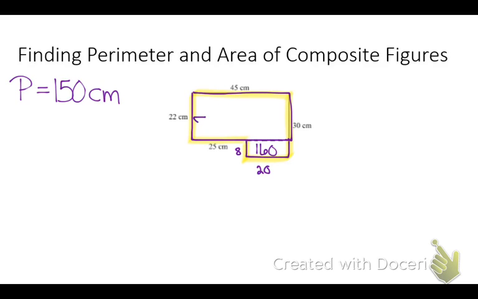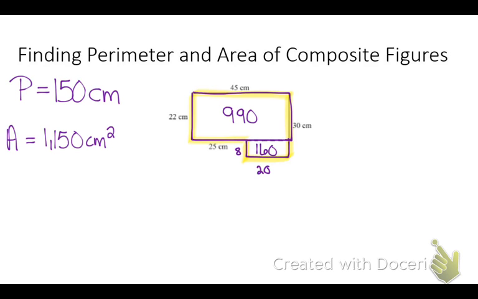What is the full width? 22. It can't be 30 because 30 included that bottom piece. So 45 times 22 is 990. I take those two numbers. Area is 990 plus 160, which is 1150 centimeters squared.